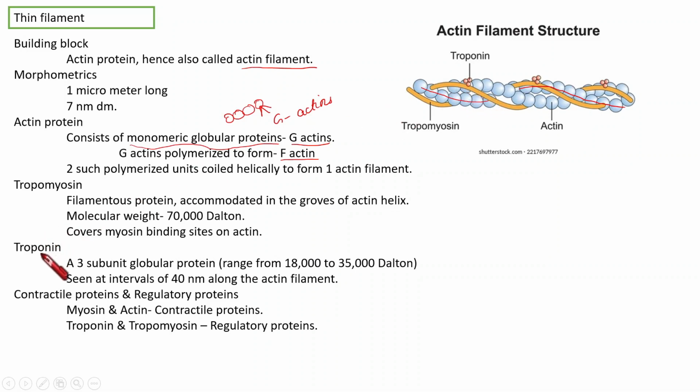Okay, then what is troponin? Troponin is another type of protein that we can see in this thin filament. It is a multi-subunit protein. Multi-subunit protein means it consists of three globular protein subunits. And the molecular weight of these three subunits ranges from 80,000 to 35,000 Dalton.